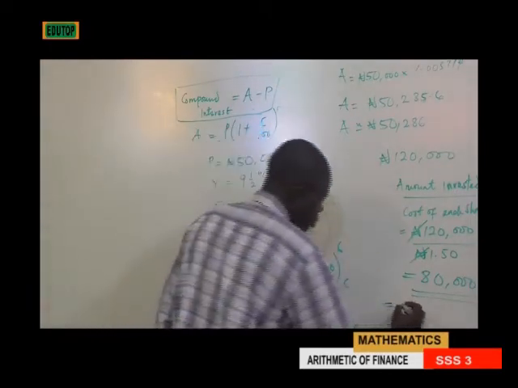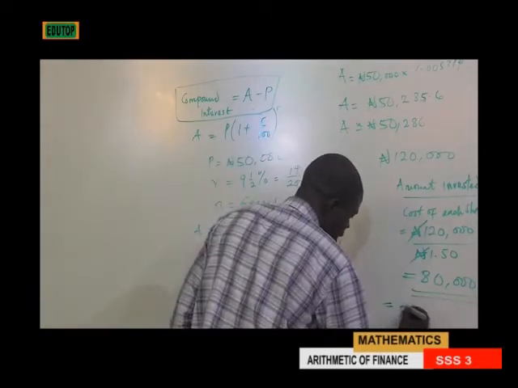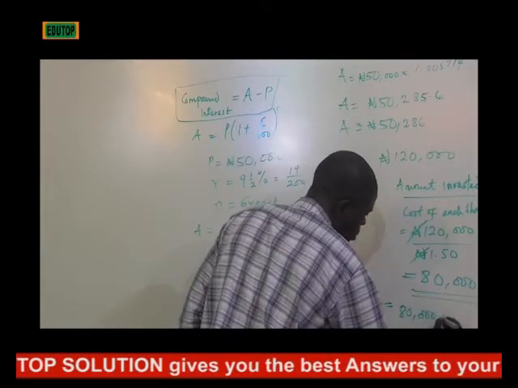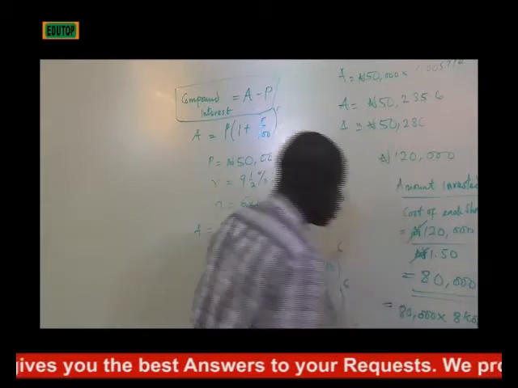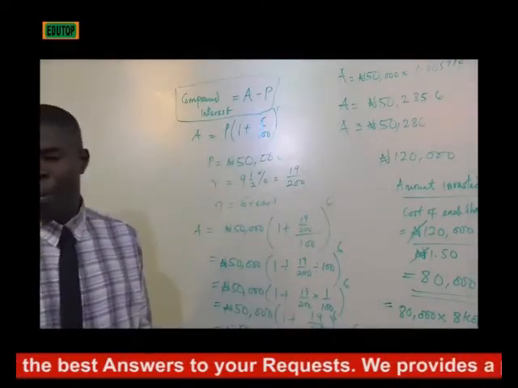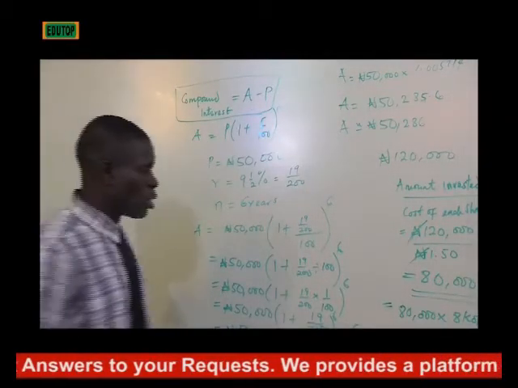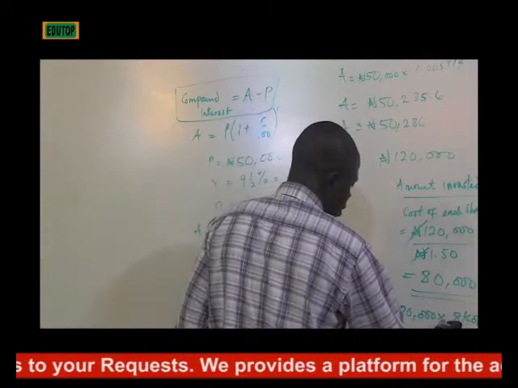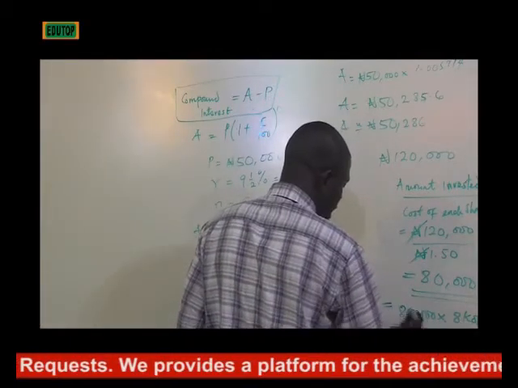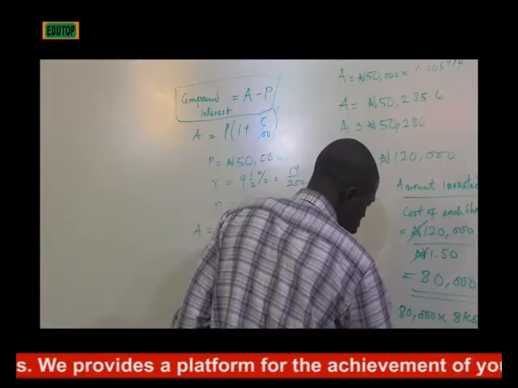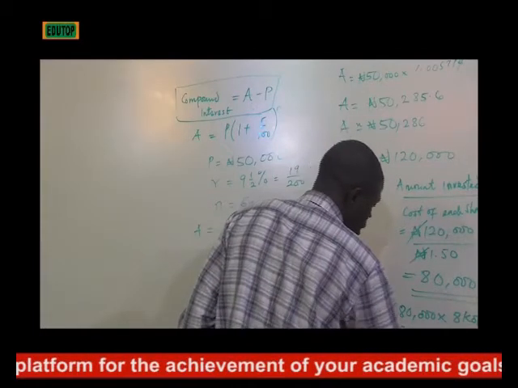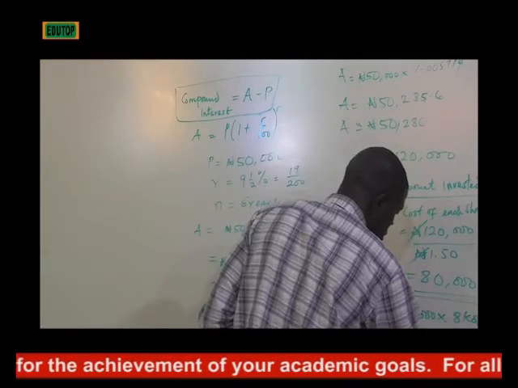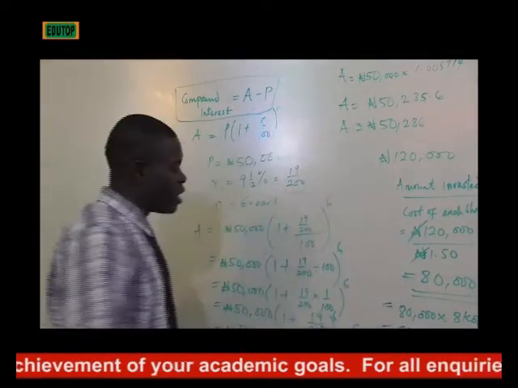So it will be 80,000 multiplied by 8 kobo. If you multiply 8 kobo by 80,000, then we have 640,000. Everything in kobo.